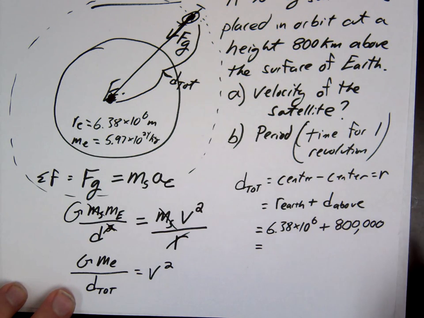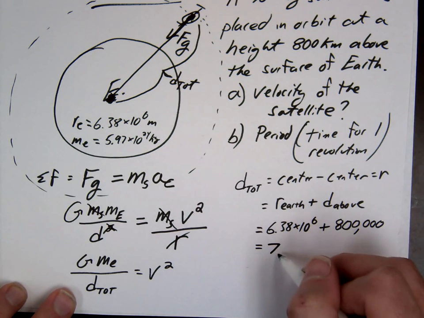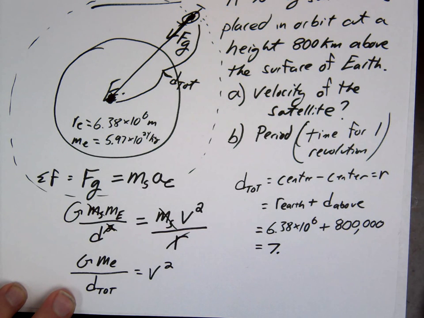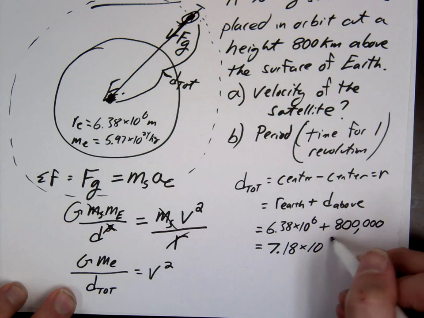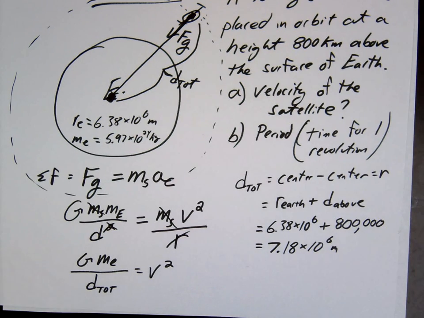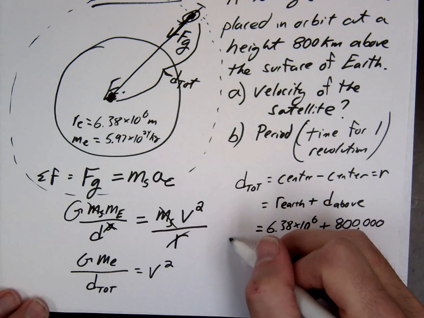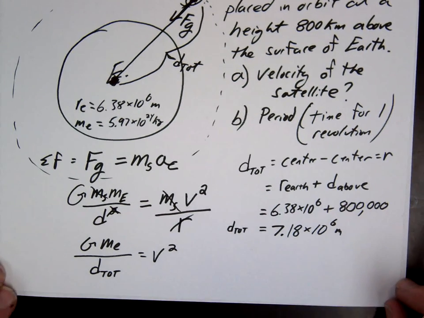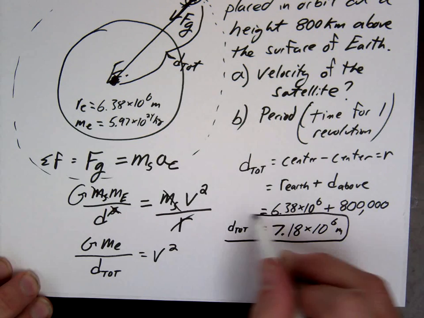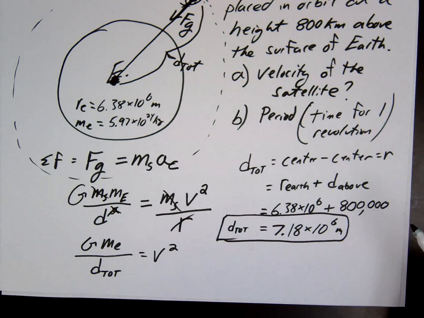So what's our total height, center to center? 7.18 times 10 to the 6th. Okay, make sure you guys are plugging this in and getting the same thing. A lot of the mistakes in this section come from punching it into the calculator. So that's our d total. Once you have it, I usually like to put it off to the side because you'll use it throughout.